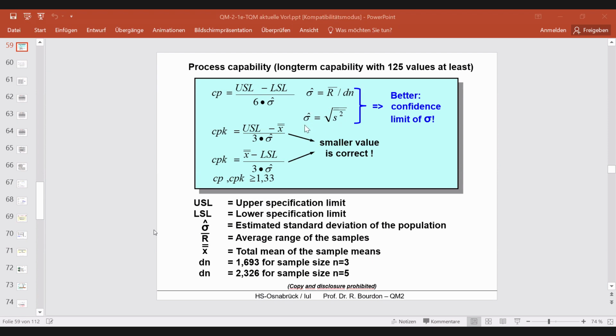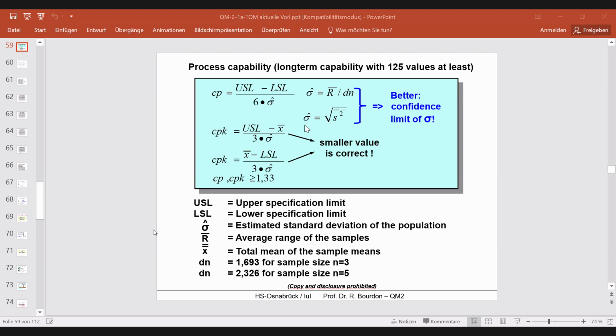And the third option, and this is maybe the best option, you can take the upper confidence limit for sigma. I will show you how to calculate this next time in QM1.